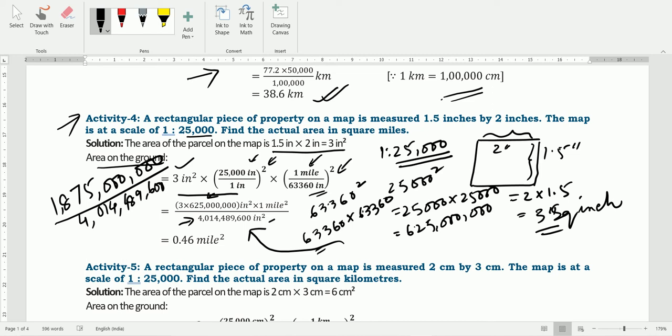If we divide this value by this value, then we have got 0.46 square mile. So this is the actual area on the ground.